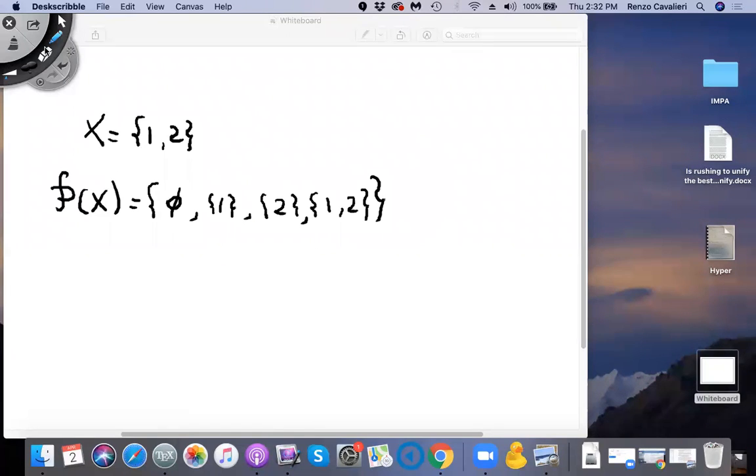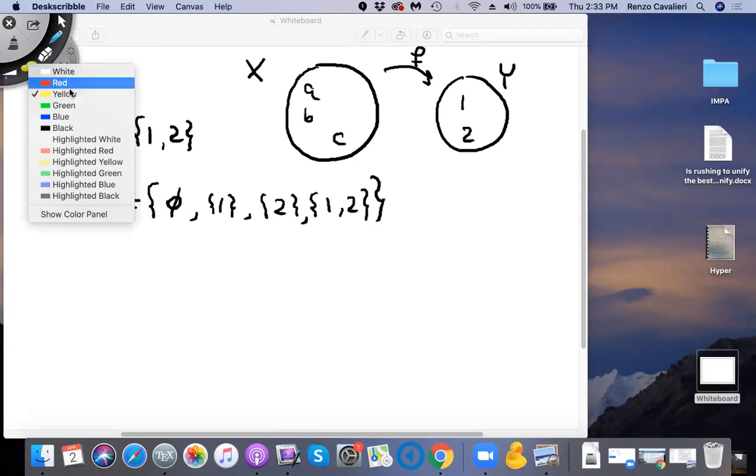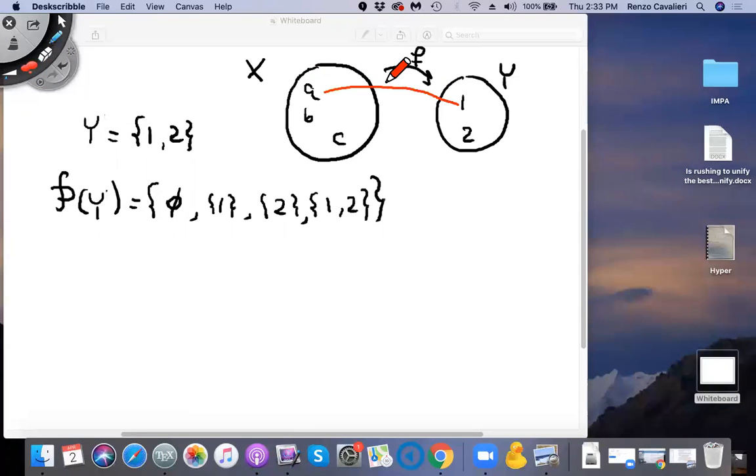And actually, let's play this game real quick. Let me call this Y instead of X. And let's suppose we have a function from X to Y, call this F, and X has A, B, C, 3 elements, and my F is the constant function 1.